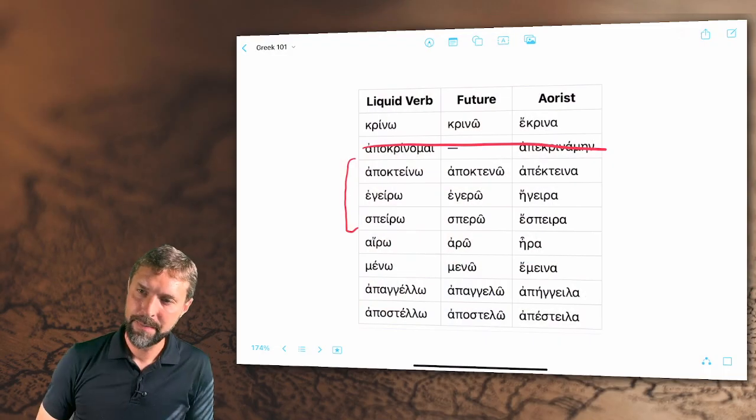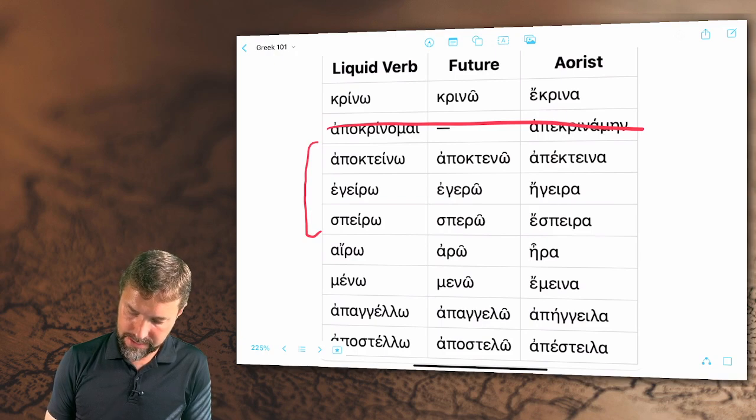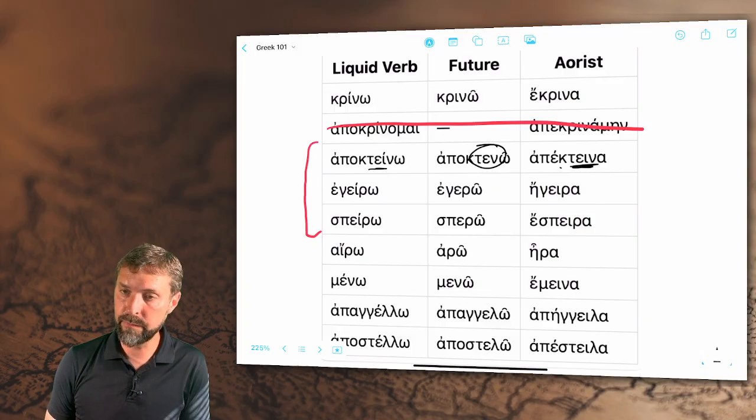So apoktaino goes to apokteno. And that's actually preserved in the aorist. So the iota here is preserved over there, but dropped in the future.